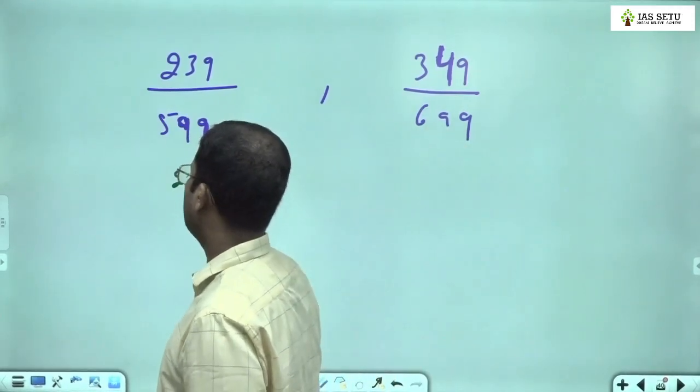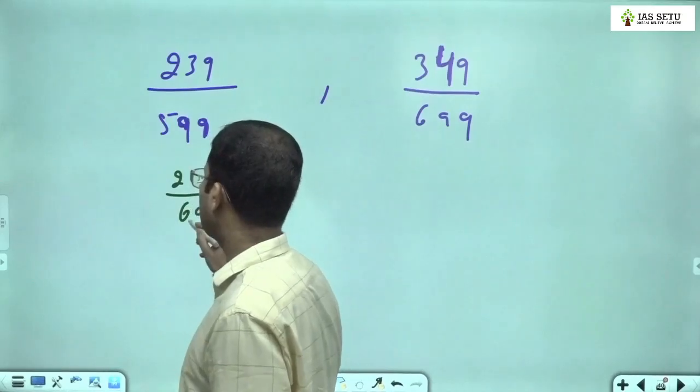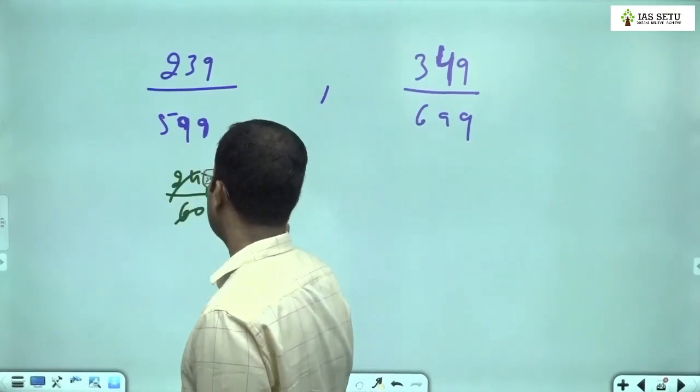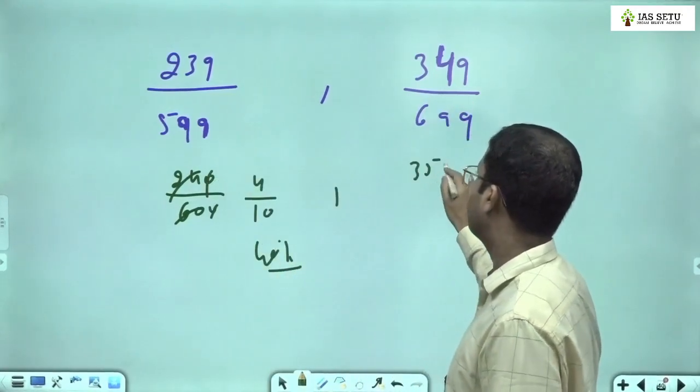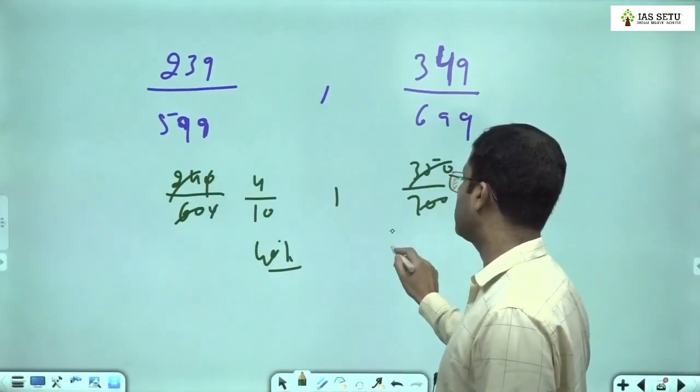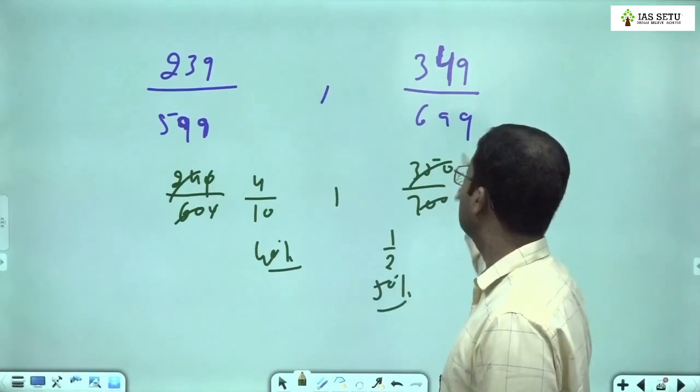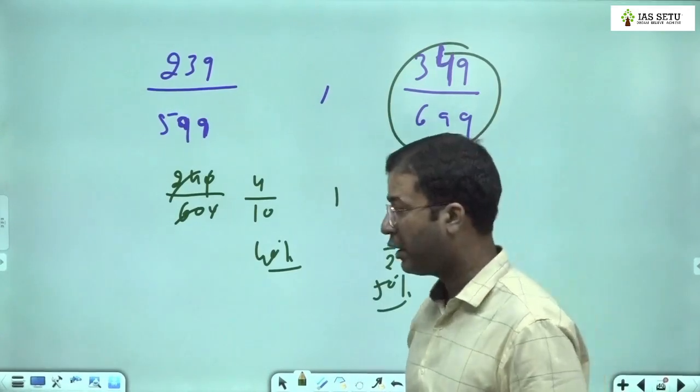This is 240 upon 600 approximately. This is like 4 by 10, which is nearly 40%. This is 350 upon 700, which is 1 by 2, 50%. So it is last. Okay.